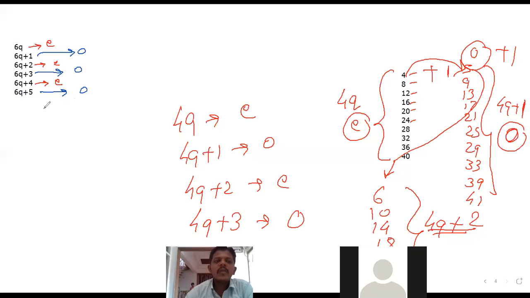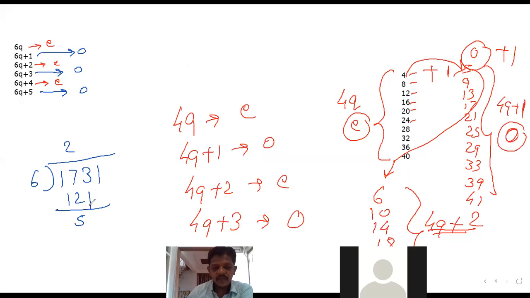Yes, sir. How will we start this answer? Let a be any positive integer divided by 6. Now, even if you want, you can cross check. Let us take any odd positive integer, 1731, divided by 6. 6 2s are 12, remainder is 5, comes down 3. 6 8s are 48, remainder is 5, comes down 1. 6 8s are 48, remainder is 3. 6q plus 3, that is this form.